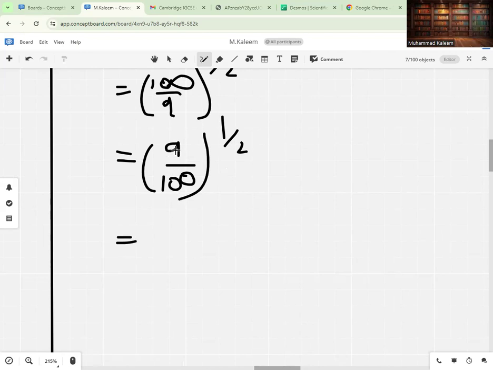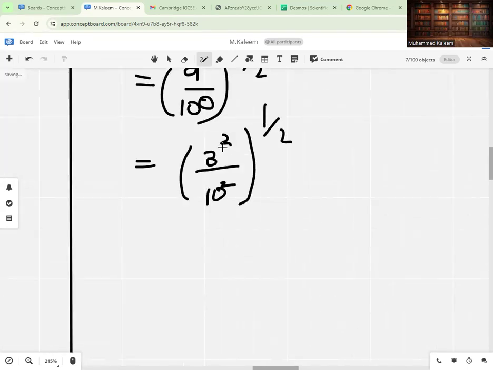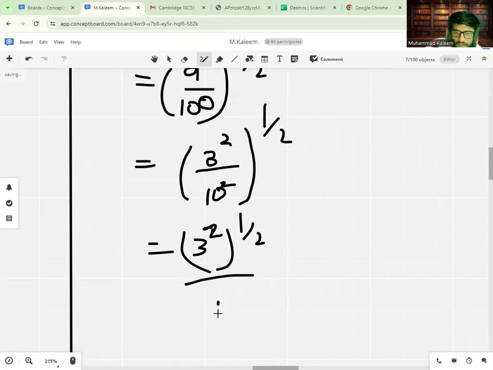Firstly, let's write this in factor form. 9 can be written as 3 squared, and 100 can be written as 10 squared, because 10 times 10 is 100. After that, this 1 over 2 will be applied on 3 as well as on 10. The 2 in 3 squared is multiplied with 1 over 2, as well as the 2 of 10 squared.